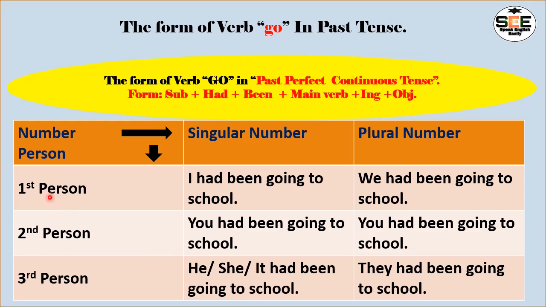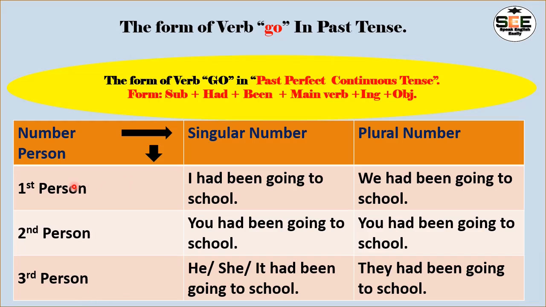So once I will read it, how to read this table. First of all, the form of go verb in past perfect continuous tense: subject plus had plus been plus main verb plus ing plus object. Here it is number, singular number, plural number, and below it is showing person, first person, second person, and third person.